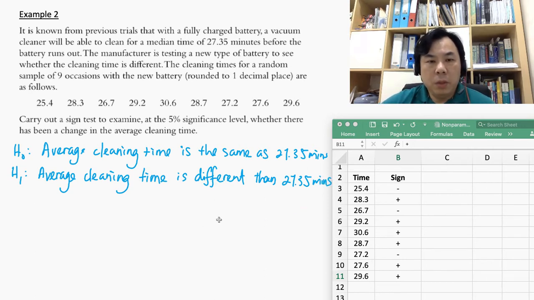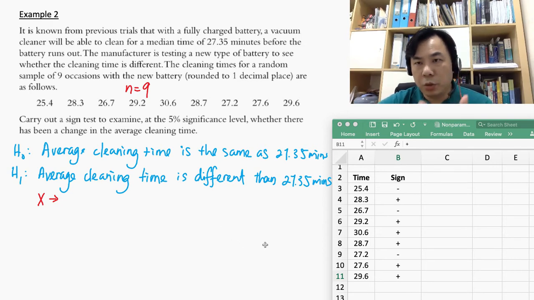Okay. So once you're ready with this, as usual, we need to label because this is a binomial distribution again. So we have a sample size of 9. You have to specify the representation for the discrete variable here.